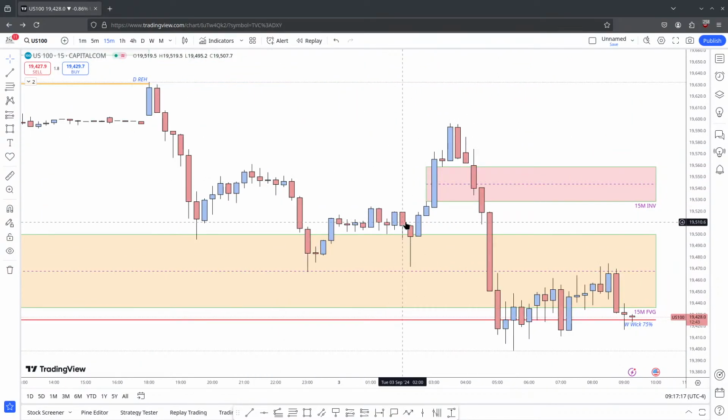We traded down overnight. We've left all these inefficiencies open. I particularly like this inversion up here.